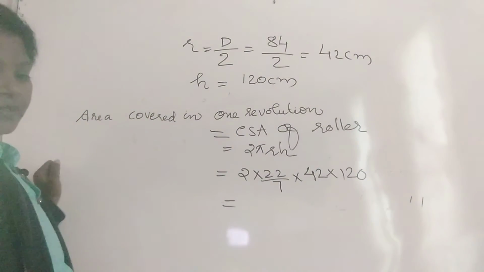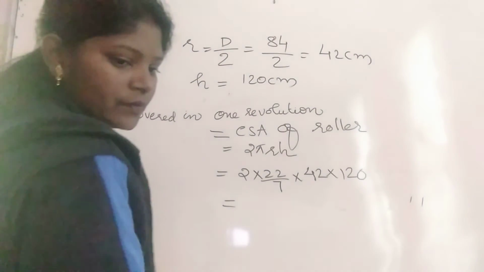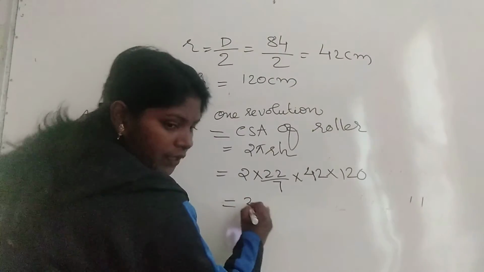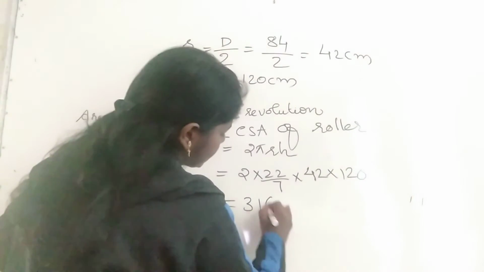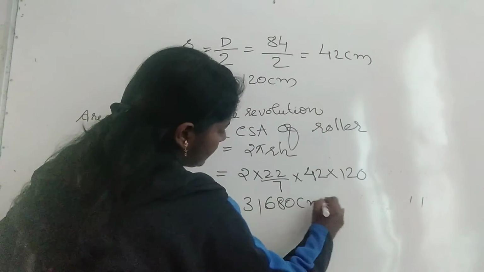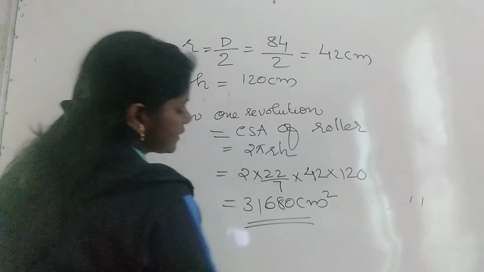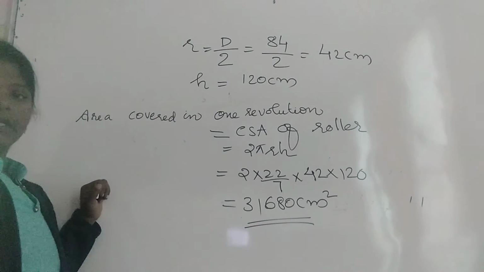Do the calculation of this, that is 31680 centimeter square. You will get the answer like this.